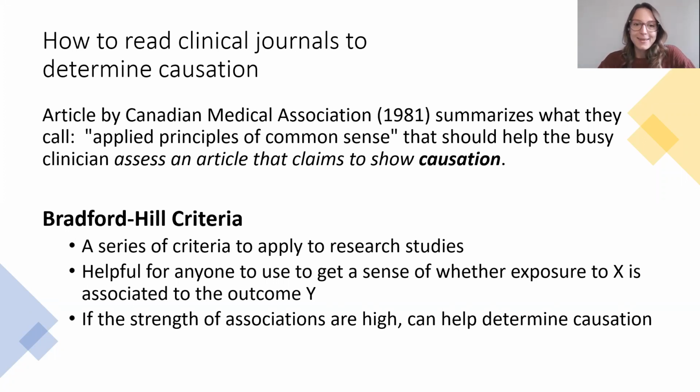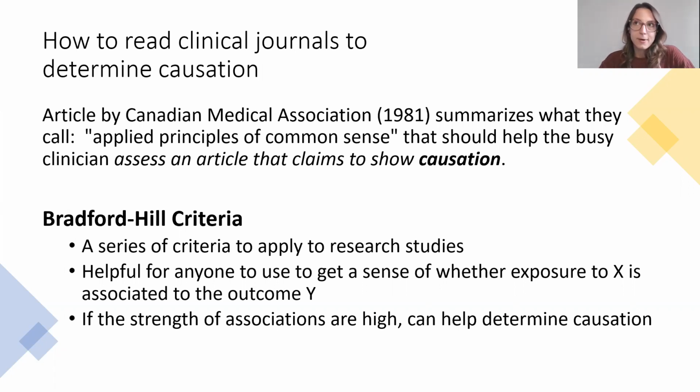Essentially it forces you to apply these really simple principles, this set of criteria, to know whether an article is showing causation or whether the relationship it describes is likely to show some sort of causal link. The Bradford-Hill criteria are a series of criteria that you apply to research studies, and they help you get a sense of whether an exposure you're interested in is associated with a health outcome.